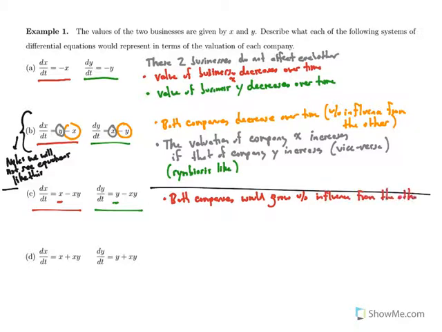So if they were just left alone and there wasn't a second company involved, both those businesses would increase their value. However, because of this negative x and negative xy, this is the idea of a food competition kind of thing.